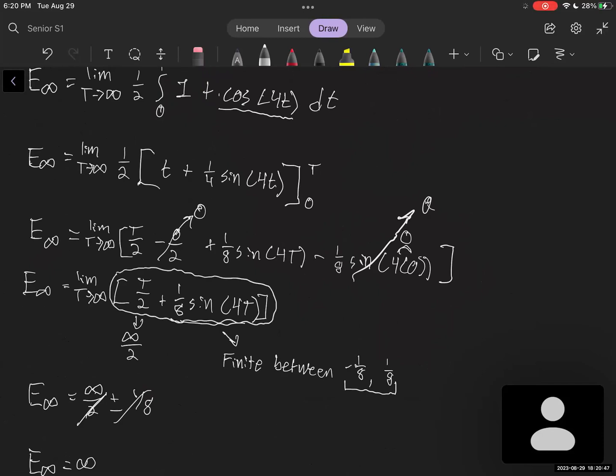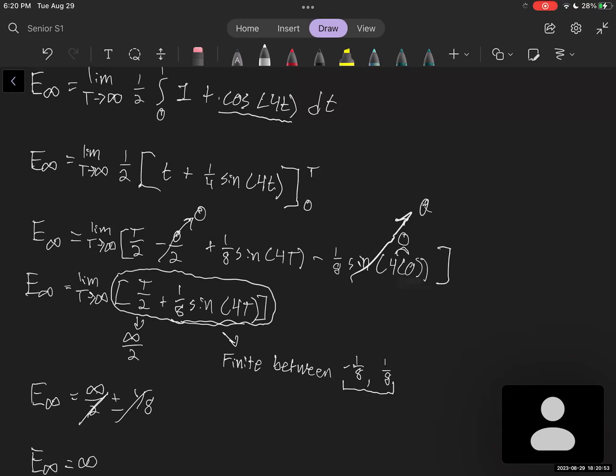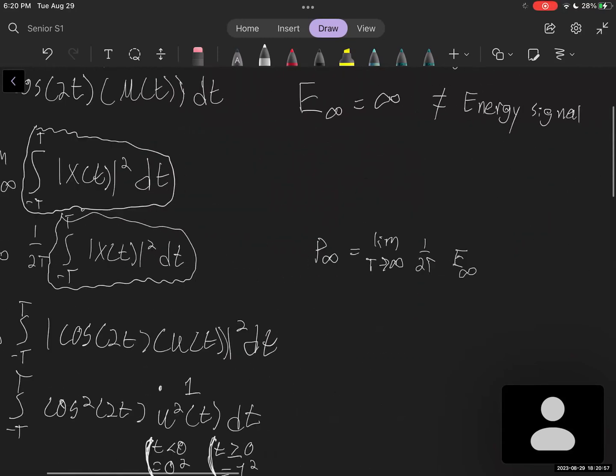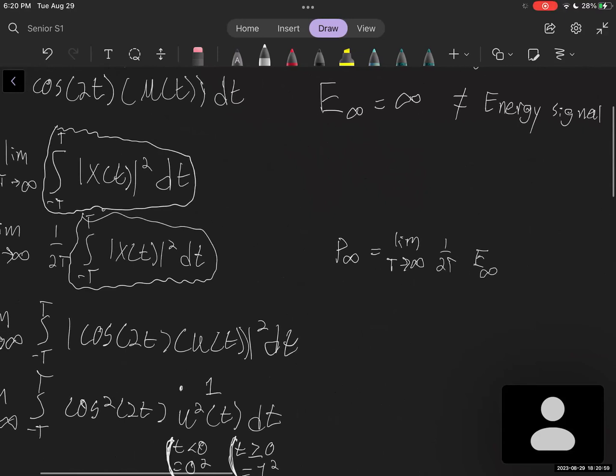If I may jump in real quick, Ryan. Absolutely. If you don't mind scrolling back to where you wrote down the E infinity or P infinity in terms of E infinity. Mhm. So most books will write it like that. What I try to do is instead of E infinity, I just call it E of T. That way we know that we haven't plugged in T equals infinity yet.